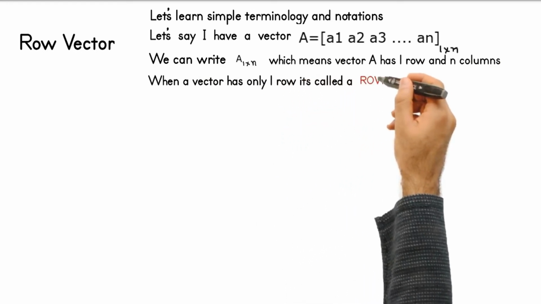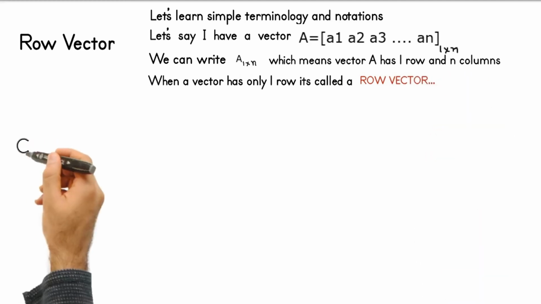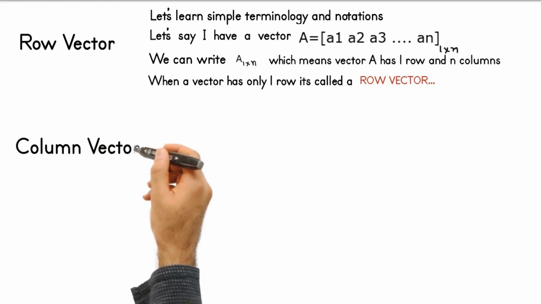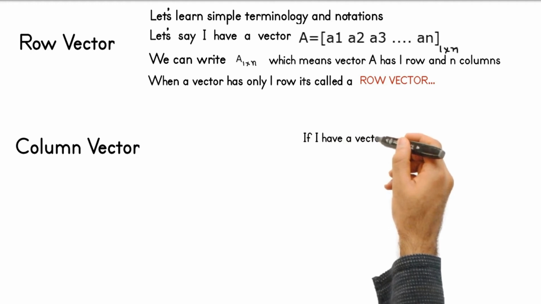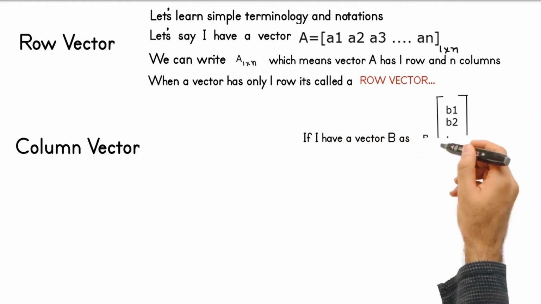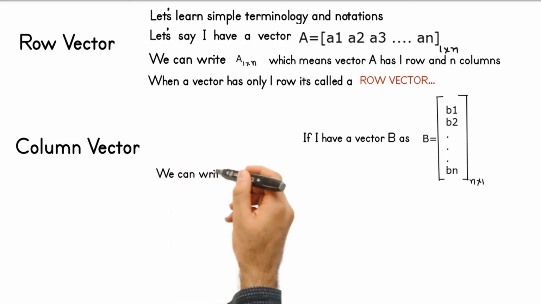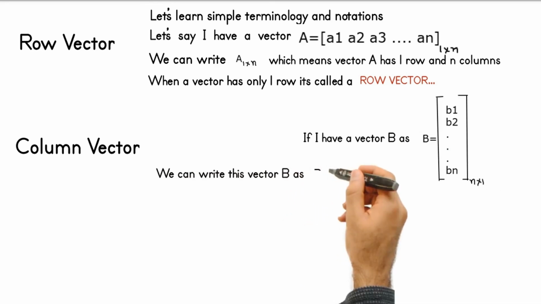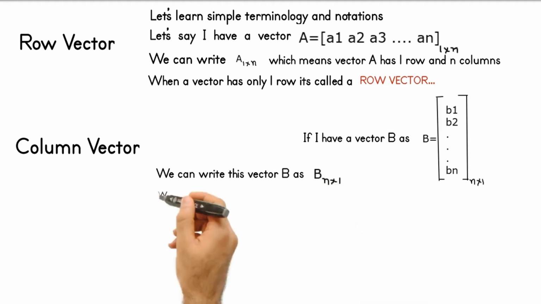When a vector has only 1 row, it's called a row vector. Similarly for a column vector, if I have a vector B and suppose it has components like this, so here B has n rows and 1 column. It can be denoted by B with subscript n cross 1, where n represents the number of rows and 1 represents the number of columns.